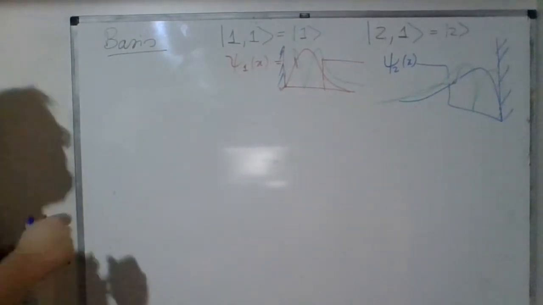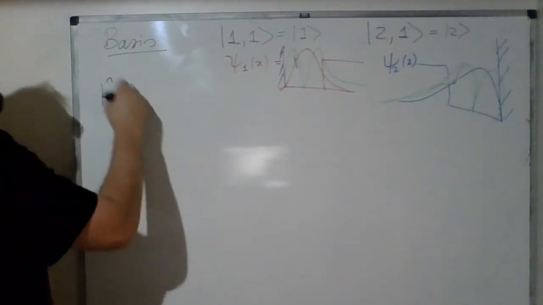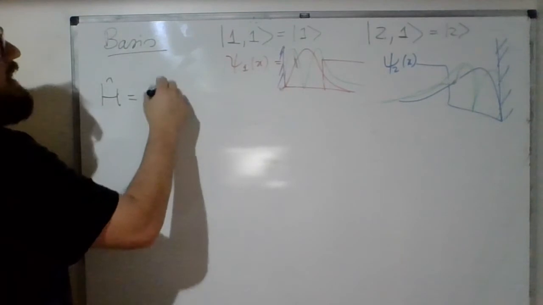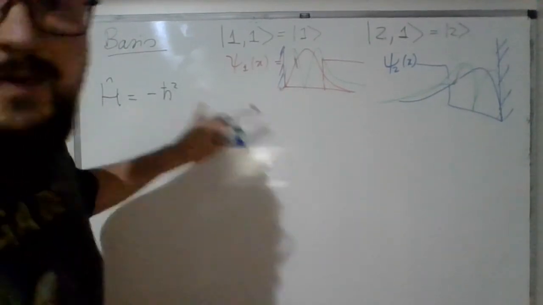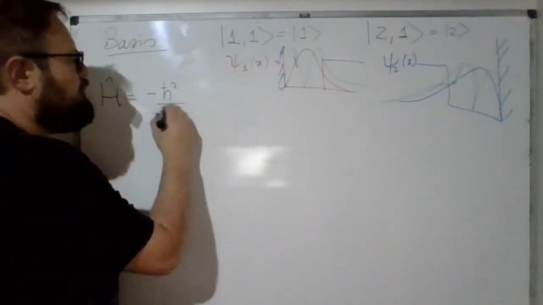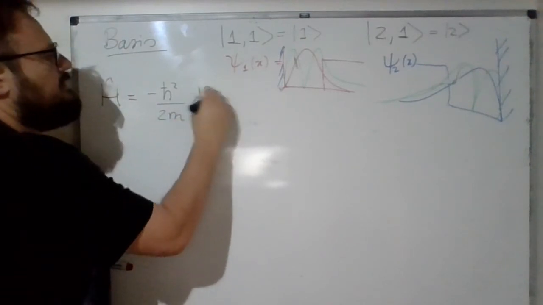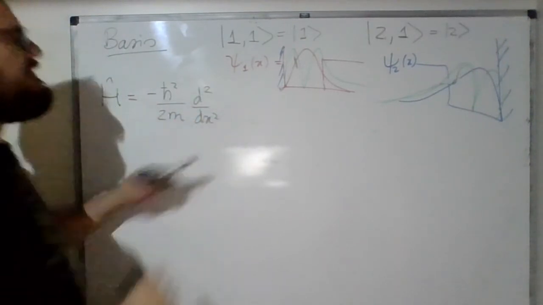Now your Hamiltonian is the following. H is equal to minus, represented in the position basis, all right? This is the Hamiltonian.